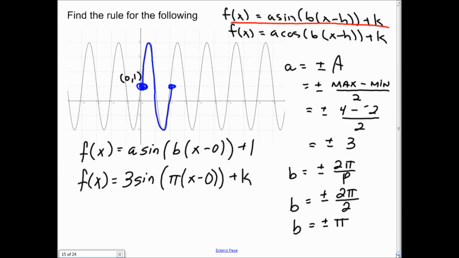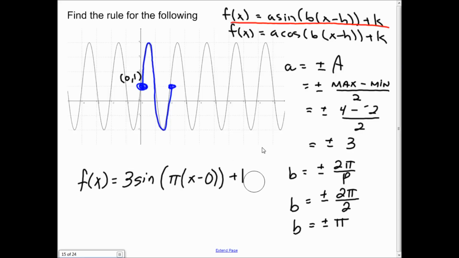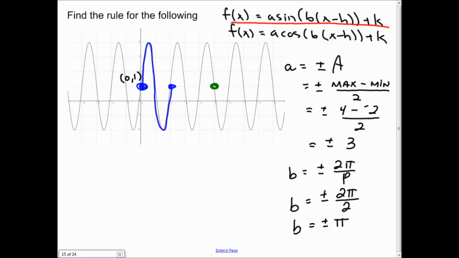Now we just arbitrarily chose 0, 1 as the values for our hk, but we could have chosen any other values. And by doing so, that would change our sine function. And so let's see how that changes the function, but it's a function that will define the picture that we see, no less. So let's just pretend that we would have chosen this point right here as our starting point.